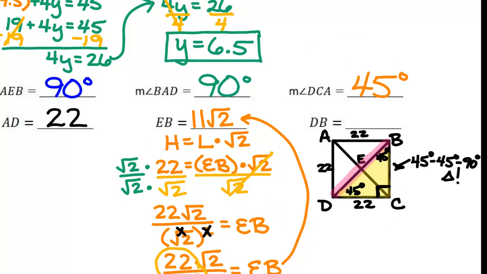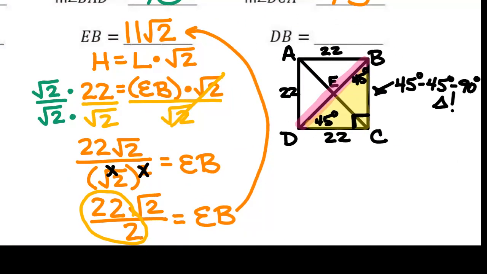Looking at this yellow triangle, is that 22 a leg or a hypotenuse? Leg. Hypotenuse equals leg times radical 2. What's the hypotenuse of this yellow triangle? Not what is the size, what is it? Like which piece is the hypotenuse on this yellow triangle? DB.